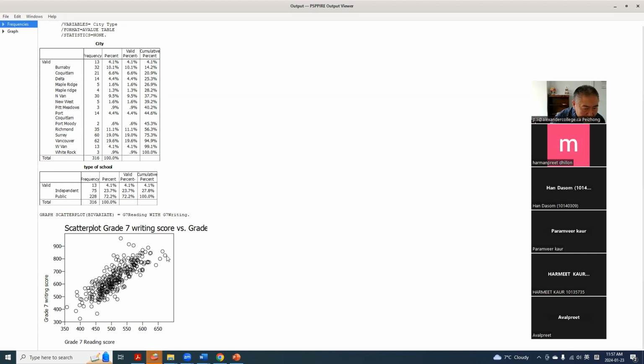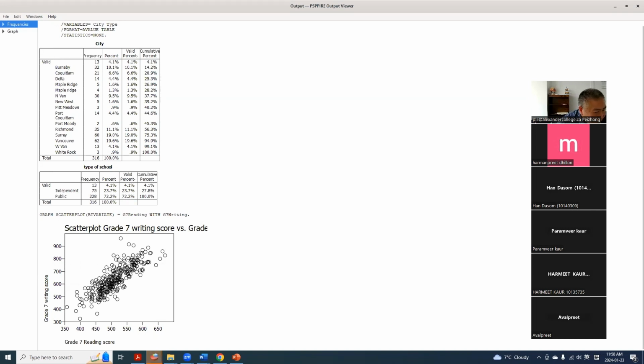So what do you see? Each dot is a school. This school has a high reading score. It also has a high writing score. And this one, high reading, high writing. But look at this one, low reading score, also low writing score. Each dot is a school. Those schools that have a high reading score also have what?